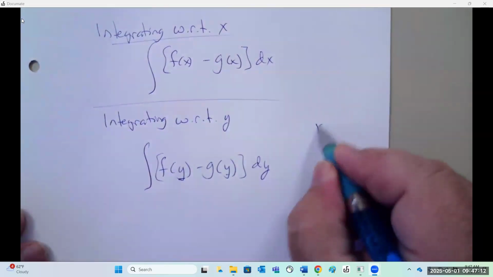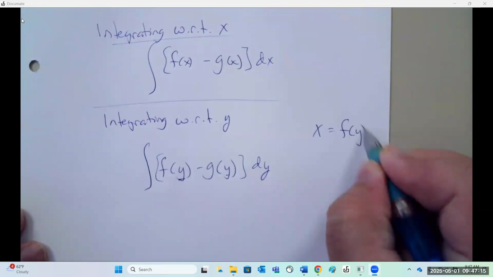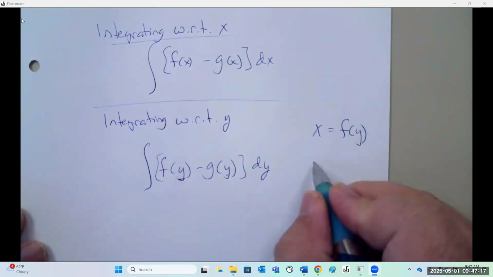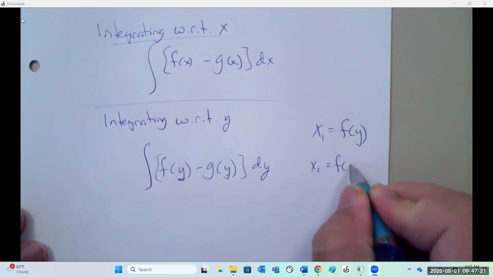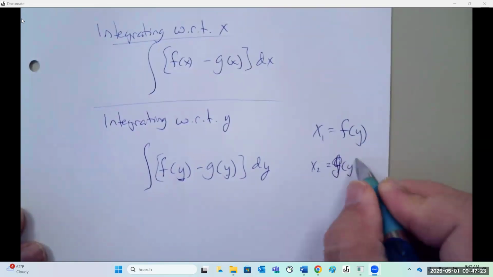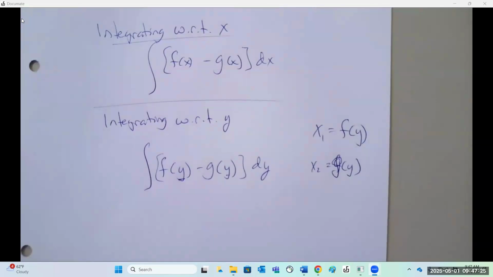So that's going to come out as x equals some function of y, and this is x1 and x2, some function of y. Whenever you do the transformation, whether vertical or horizontal, you have to change everything.